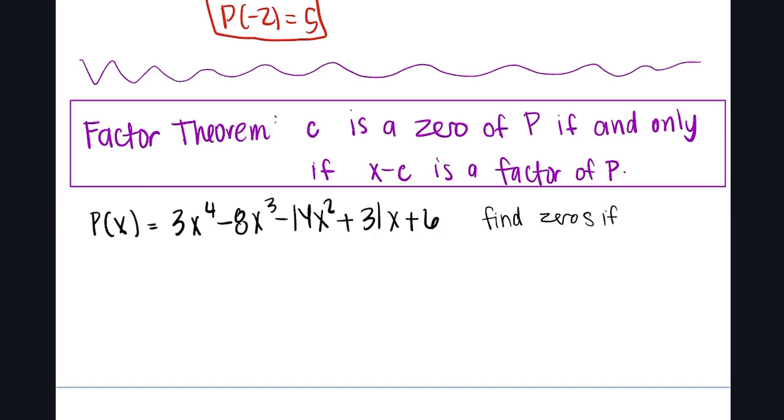Find all the zeros if -2 and 3 are zeros. Or I could also say, and factor P. So these kind of go hand in hand, finding the zeros and factoring it.